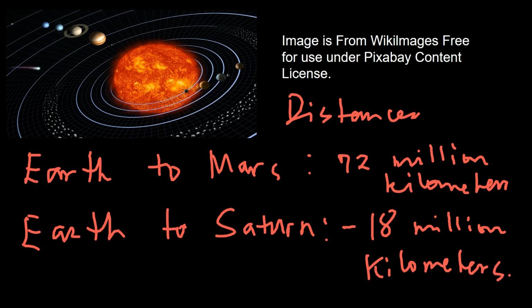Now, as I told you a while ago, there seems to be something wrong in this problem. Of course, now I will be asking you that question. It's all about this negative 18 million kilometers. My question is, can the distance between Earth and Saturn be negative? This is very interesting.